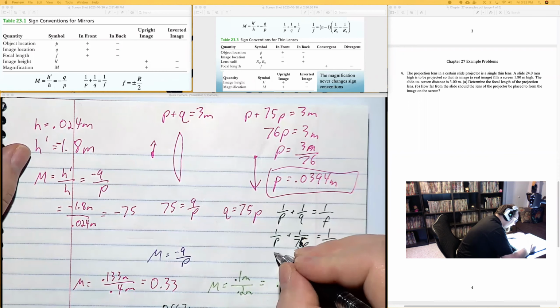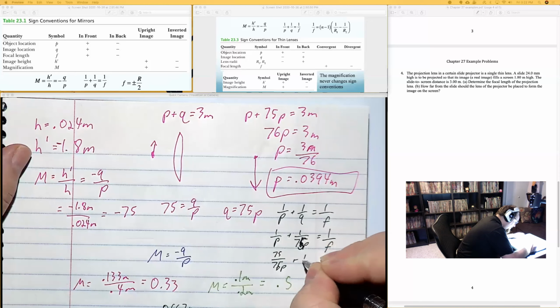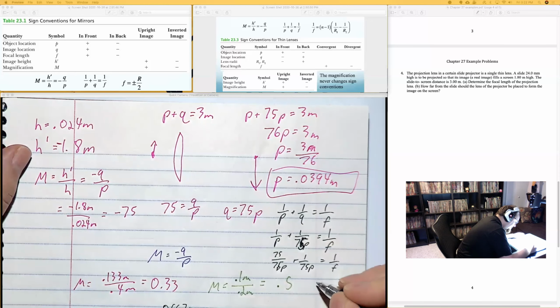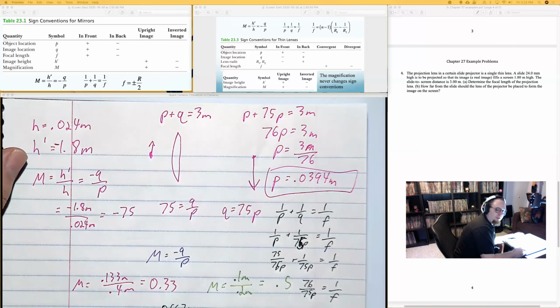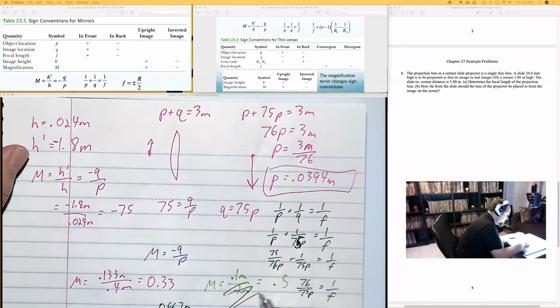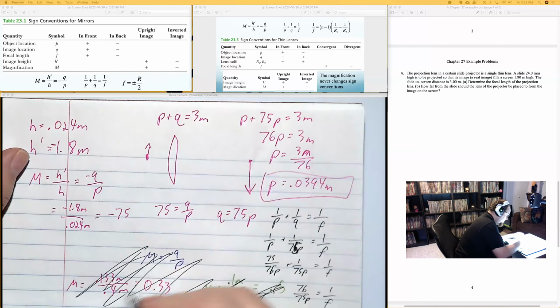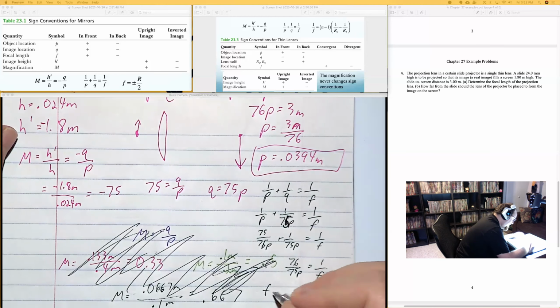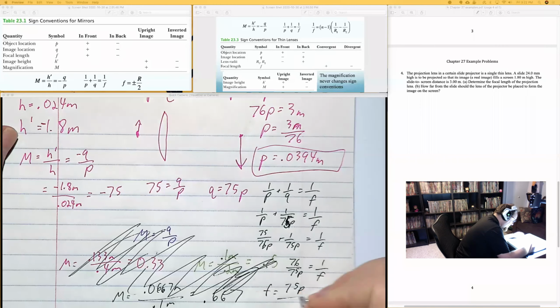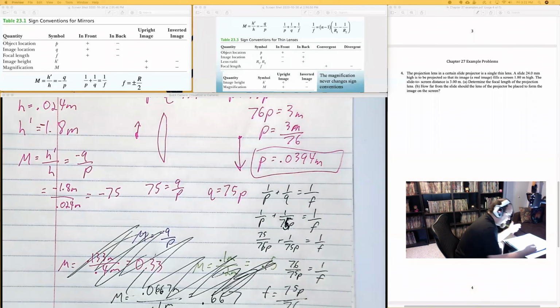But I can find it: 75 over 75P plus 1 over 75P equals 1 over F. It's going to give me 76 over 75P equals 1 over F. And therefore F equals 75P over 76, and you'd have to just do what that math is.